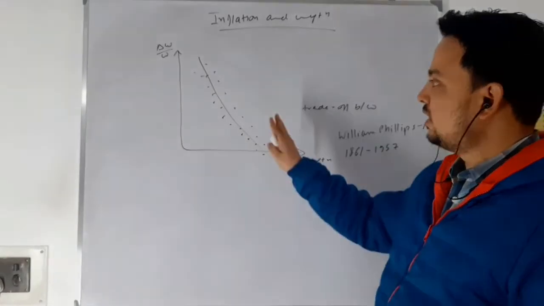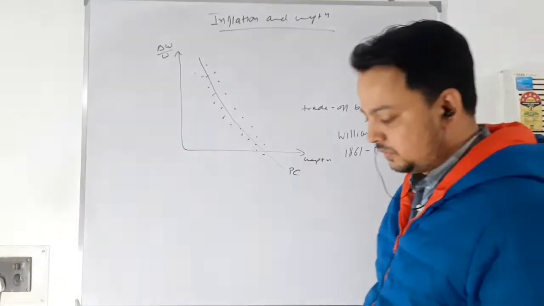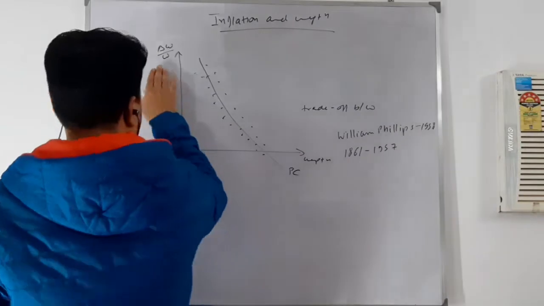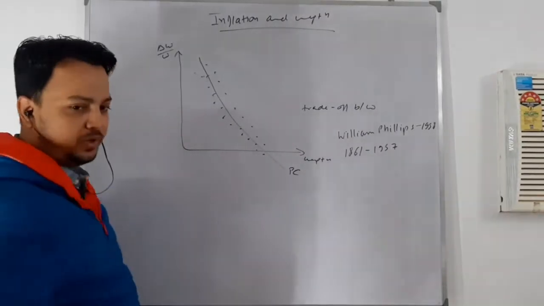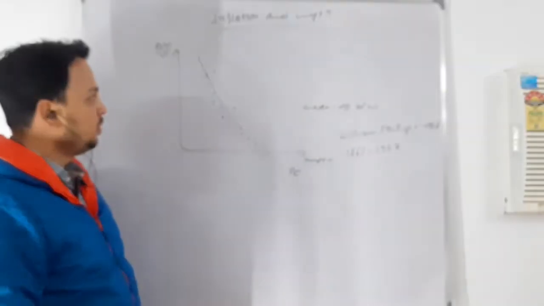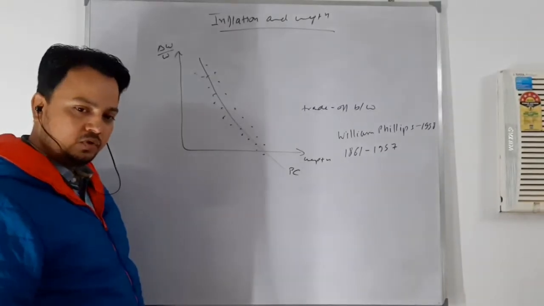So based on his empirical study, we come to know that there is a trade-off between inflation in the economy and unemployment, or a negative relationship between inflation and unemployment.